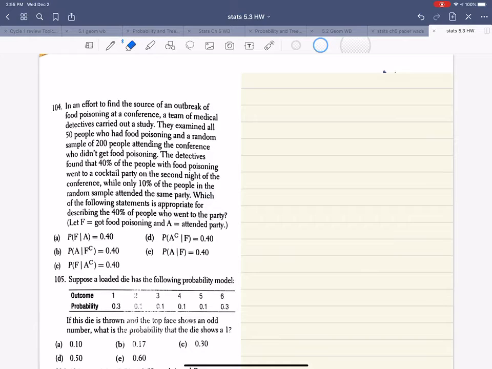It says, in an effort to find a source of an outbreak of food poisoning at a conference, a team of medical detectives carried out a study. They examined all 50 people who had food poisoning and a random sample of 200 people that attended the conference who did not get food poisoning.